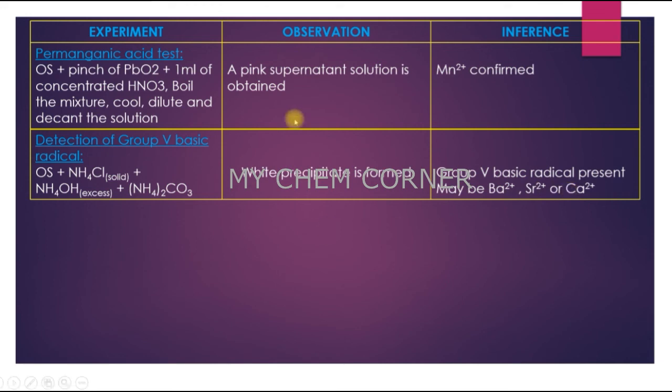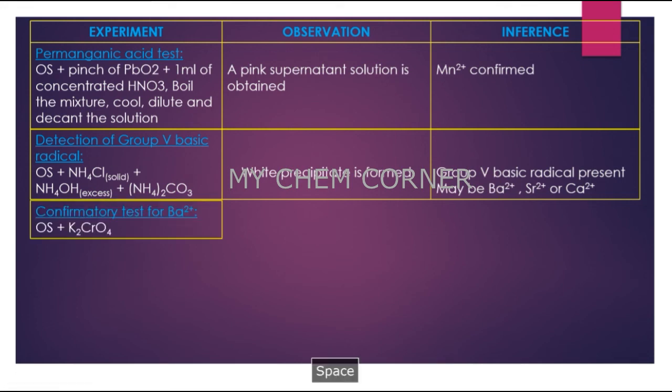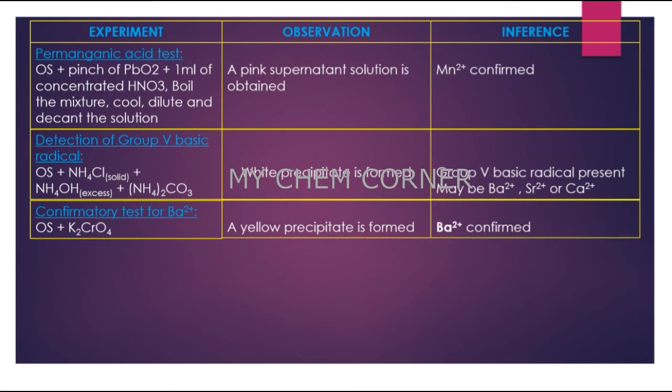So in this group itself, you're not going to determine whether it's barium or strontium or calcium. So individually, you have to do the confirmatory test. For barium, you need to take your OS and add K2CrO4, which is potassium chromate. You will get a yellow precipitate if it's positive and you're confirming Ba2+.